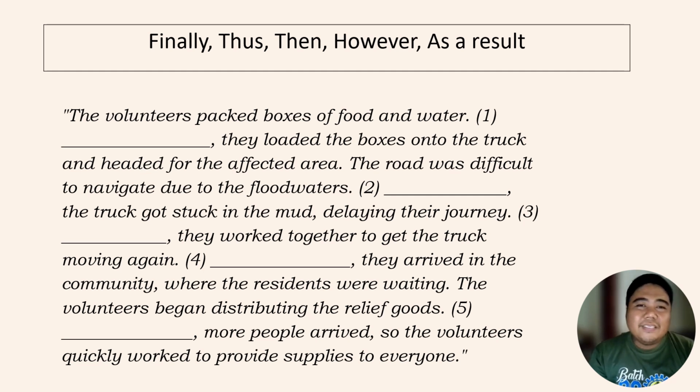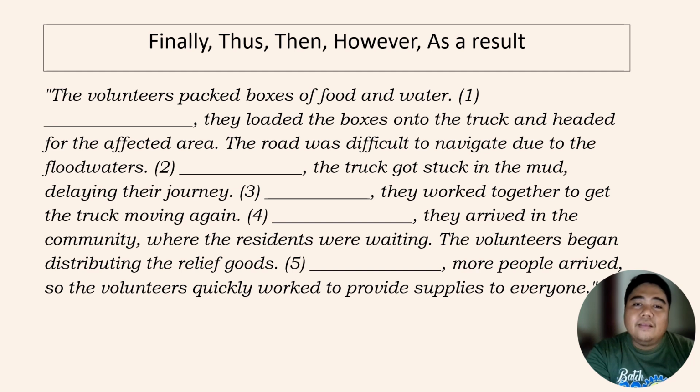Last 10 seconds. 10, 9, 8, 7, 6, 5, 4, 3, 2, and 1. Okay, let's check. The volunteers packed boxes of food and water. What's the answer in the first blank? The answer is "then."